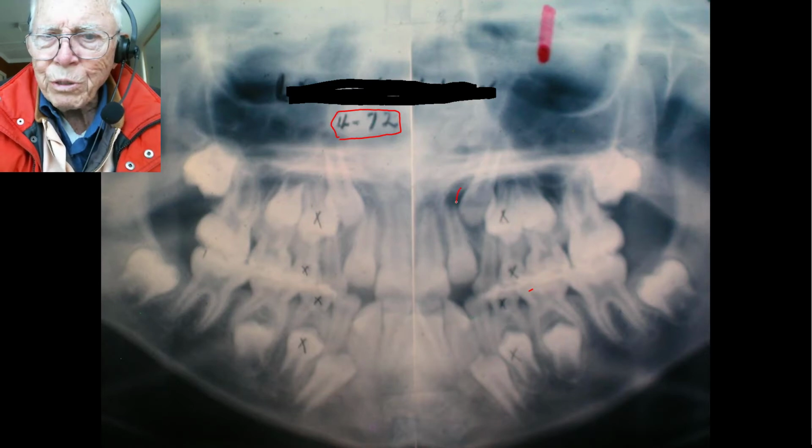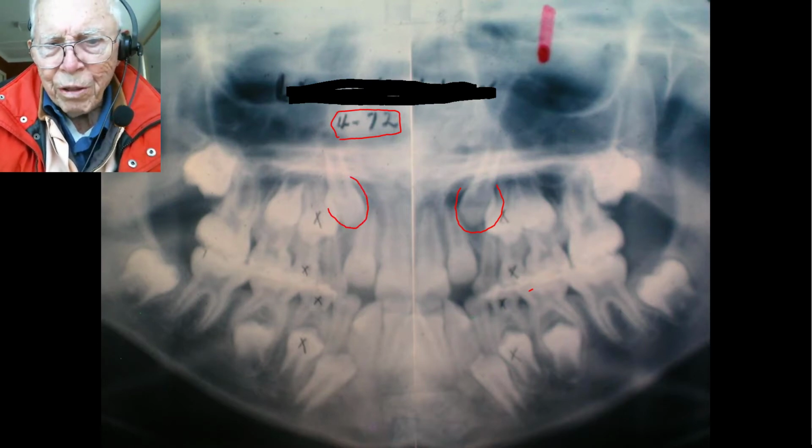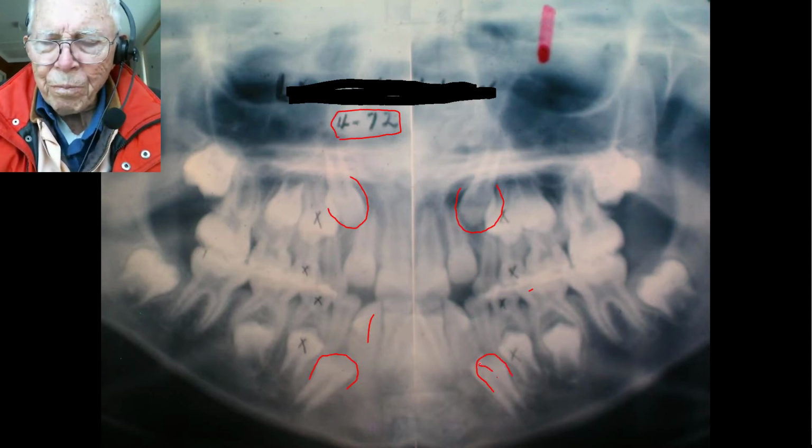Now these cuspids, you can see the follicle around them, and they're pushing into the lateral teeth right there. The lower ones are really pushing into these permanent teeth right here. I mean, it goes halfway through the root right there.